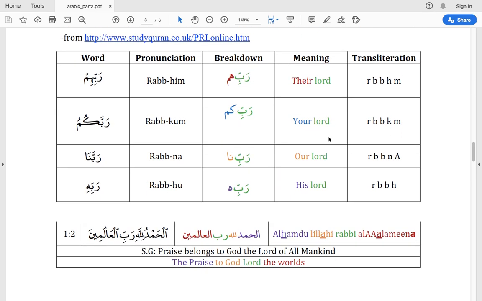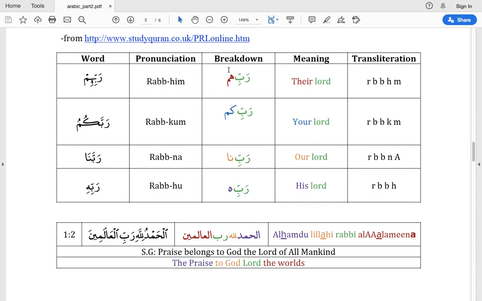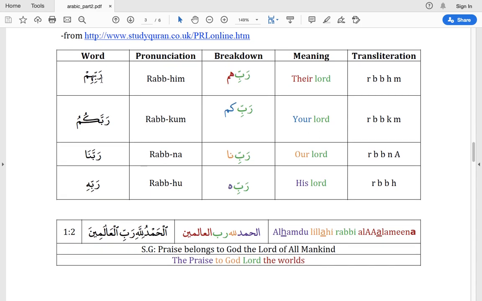Now, coming down here, what we're going to be doing going forward is using different variations on that root, and we're going to start expanding our vocabulary of the Arabic language and look at different words. The first one I want to look at is Rabbihim. This is used in the Quran extensively, and it's pronounced Rabbihim.